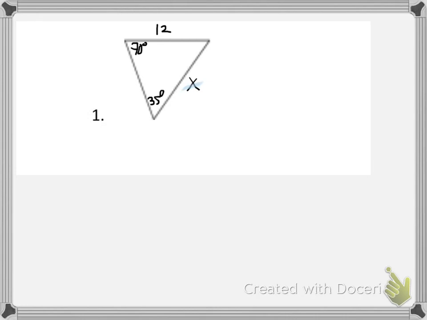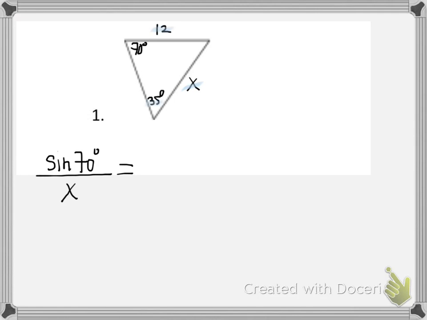So I can say that sine of 70 degrees over x is going to be the same thing as, I know this angle is 35, and I know the side opposite is 12.